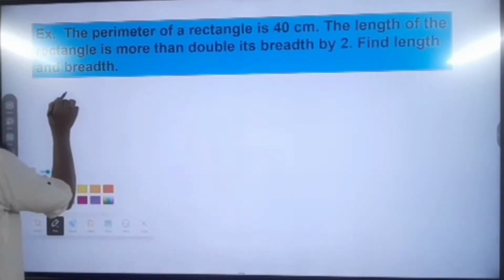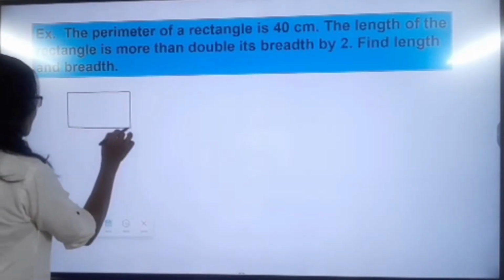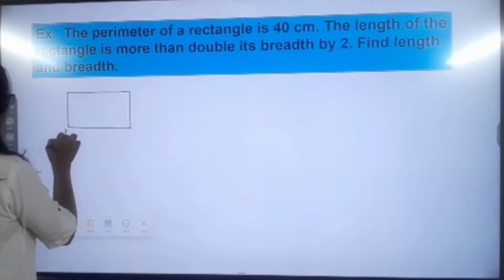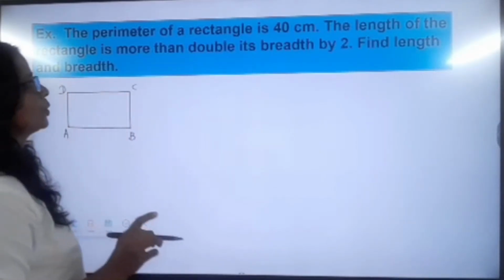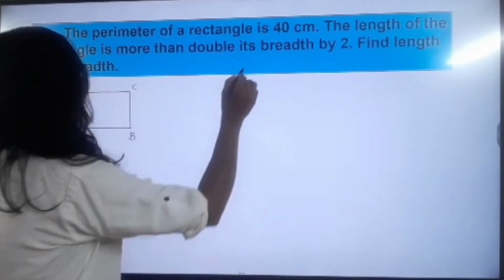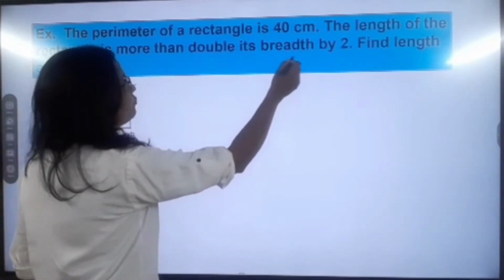So here first I draw a rectangle. This is any rectangle, that name is ABCD, and here the condition is that the length of the rectangle is more than double of its breadth.